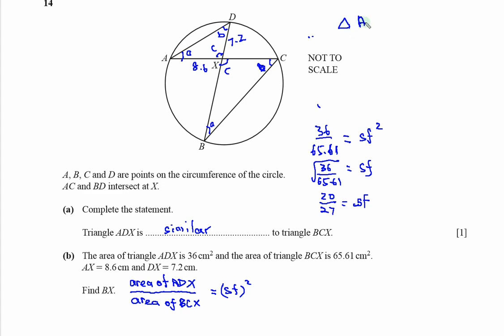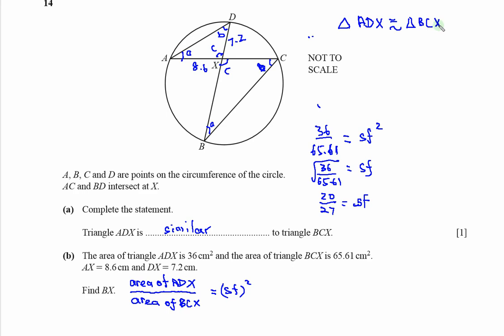Triangle ADX is similar to triangle BCX. Okay, ADX, BCX. Now I want to find BX. BX is this BX, first and the third alphabet.